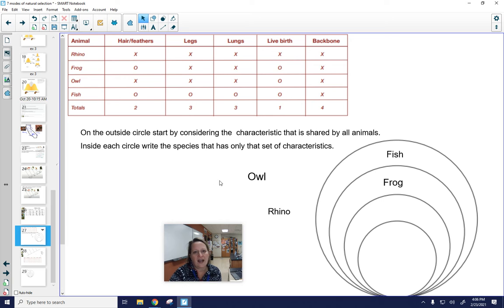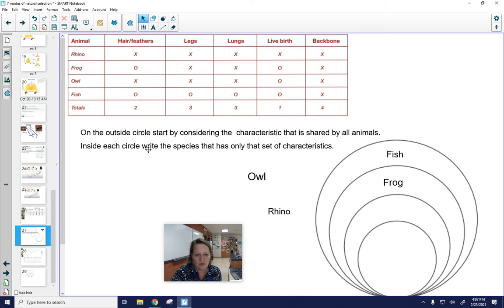Now we're going to look at the next trait, the organism that has both the backbone, has legs and lungs, but then has a trait that only that creature has. So when we're looking at the owl, it has the backbone, it has the lungs, it has the legs, but now we get a new trait, hair and feathers.